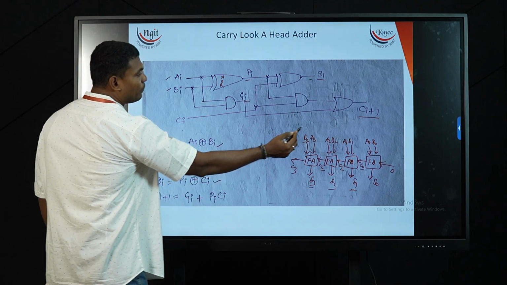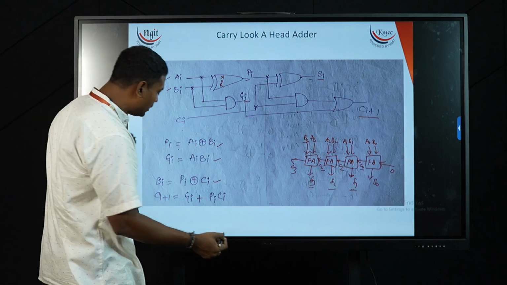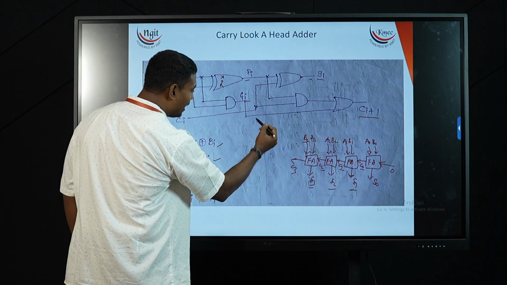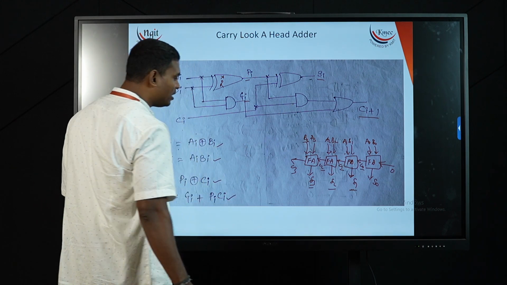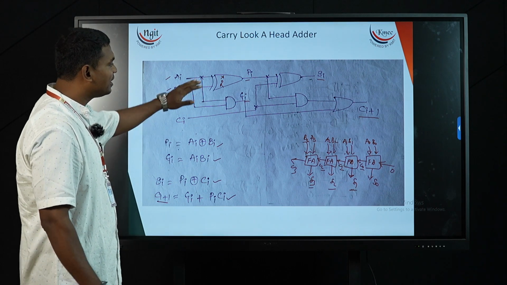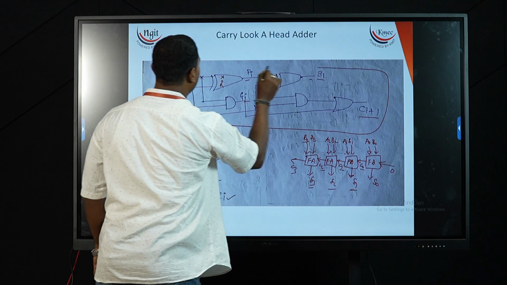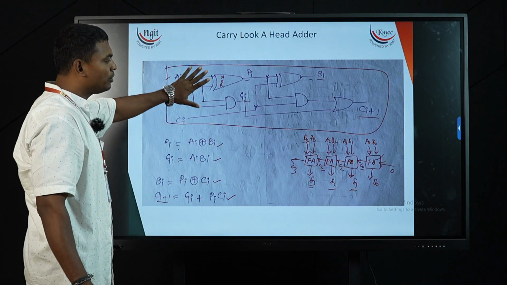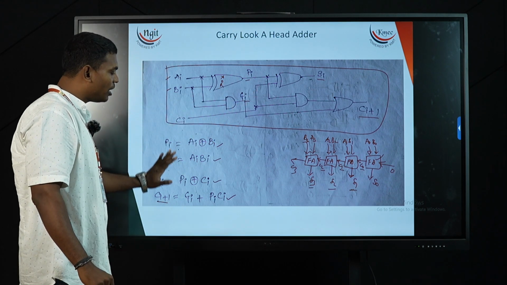Next, my final carry which needs to get propagated to the next stage, Ci plus 1, is given by Gi plus Pi into Ci. So these are my 4 formulas. This is one full adder structure. Based upon this, I have got these formulas.